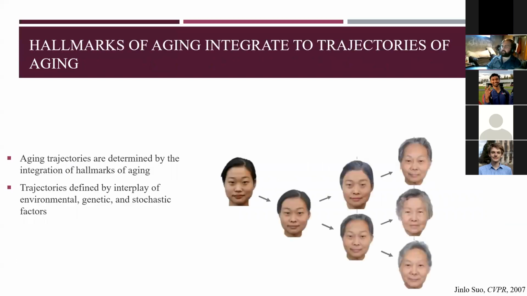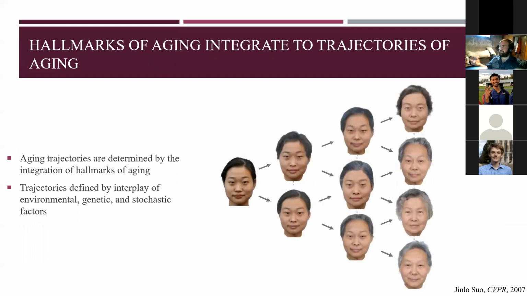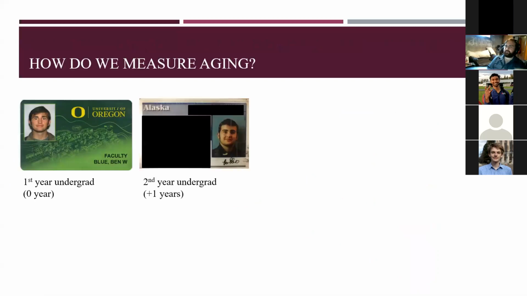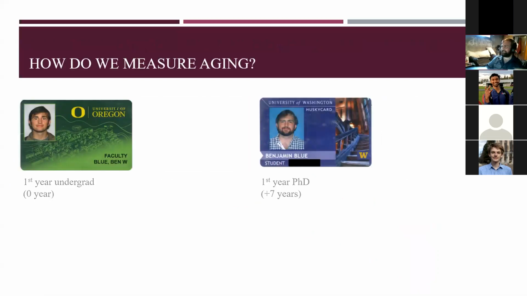We can translate this to the human idea of having different life outcomes depending on the interplay of genetic and environmental factors which we experience as we go through the aging process. It's like a watershed or landscape where you have pluripotent or semi-pluripotent potential when you're young, and as you move through your aging trajectory, your potential outcomes become more and more narrow. And then jokes about me getting older.